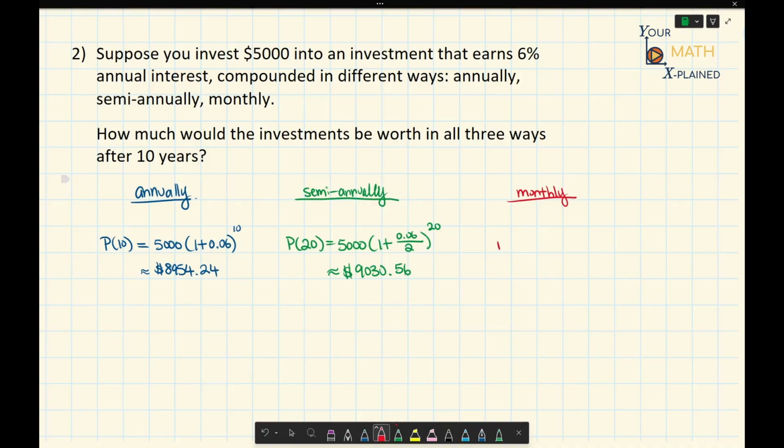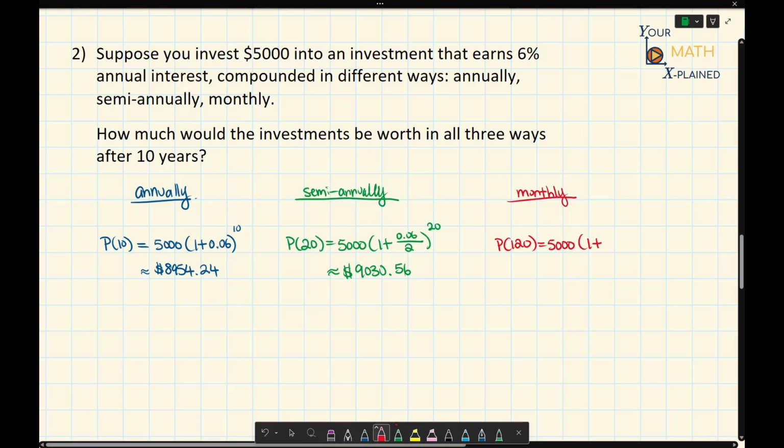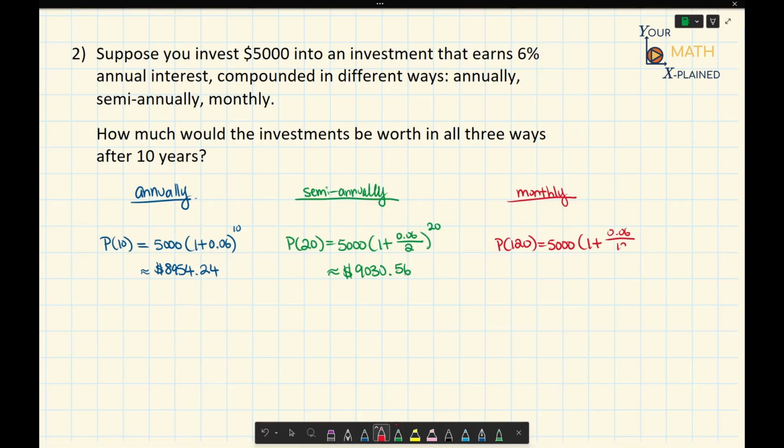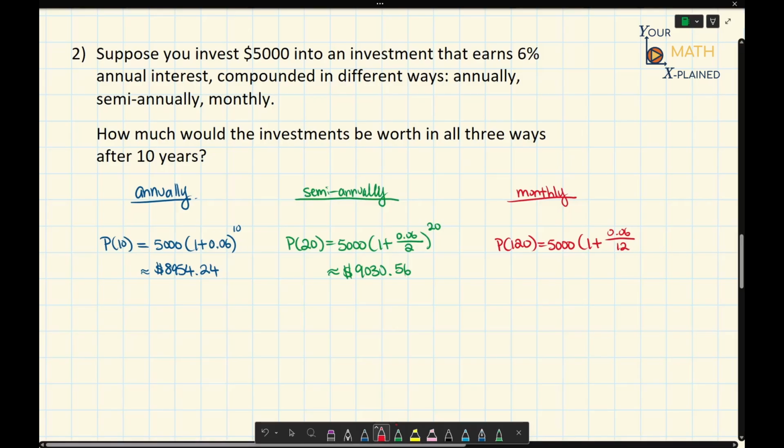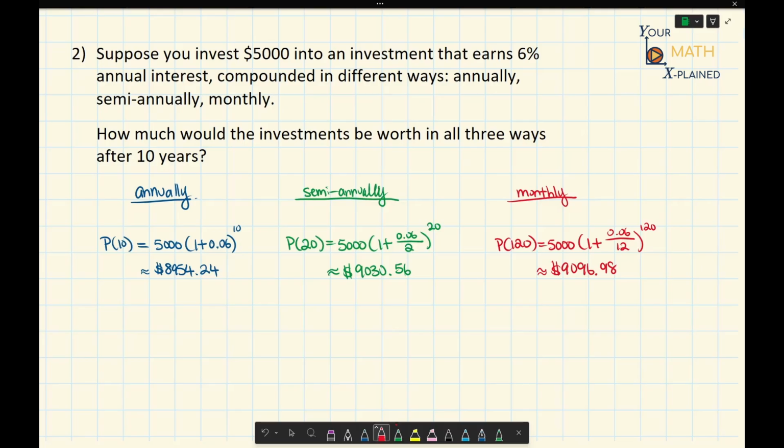So the value that we're looking for is P of 120, and that is going to be equal to 5,000 multiplied by 1 plus, and now this 6% interest is going to be divided equally into 12 months. And we raise that to the power of 120, and this gives us roughly $9,096.98.